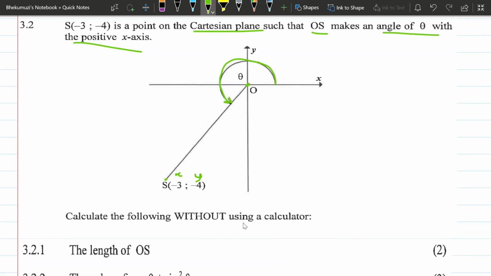So the first question, which is 3.2.1, it says the length of OS. Now, where is OS? That is the length that they're looking for. But notice now that in truth, this actually forms a right angle triangle. How? Thinking about the coordinates themselves, how do we map coordinates? Since it's -3 and this is x, it means that it moves -3 times to the left.